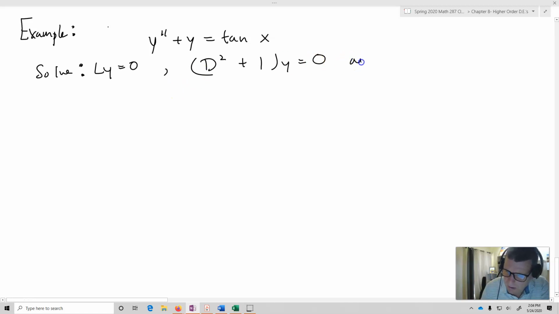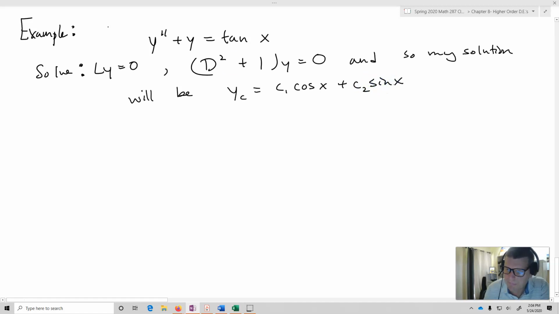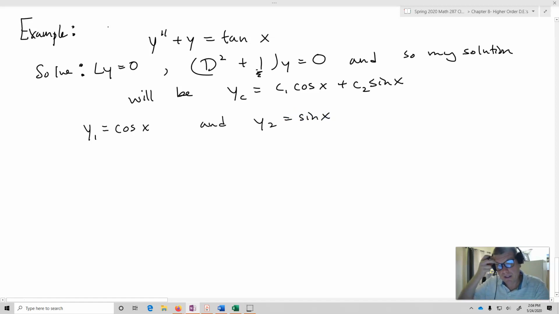And so my solution will be yc equals c1 cosine x plus c2 sine x, because we have a complex root to r squared plus 1, so consequently we're going to have a complex solution to Ly equals 0. So that means y1 equals cosine x, and y2 equals sine x. Okay, cool. So that's great.